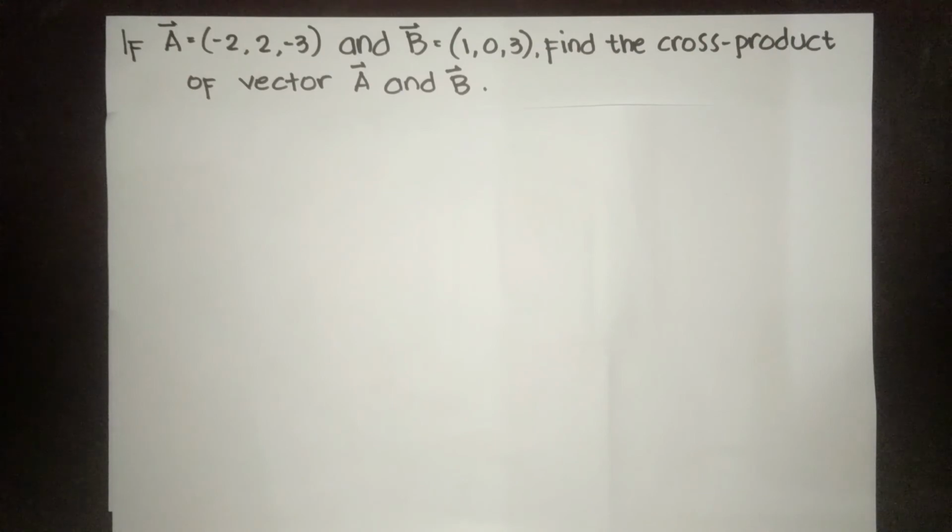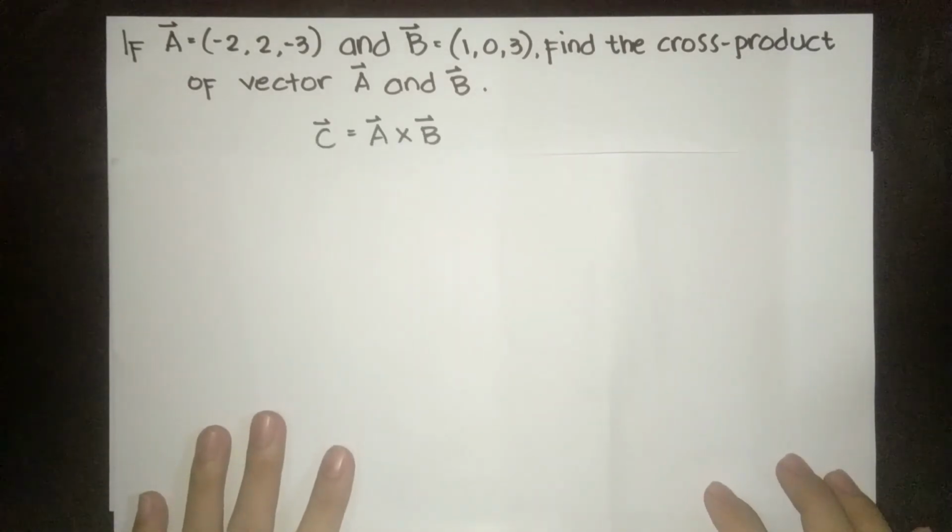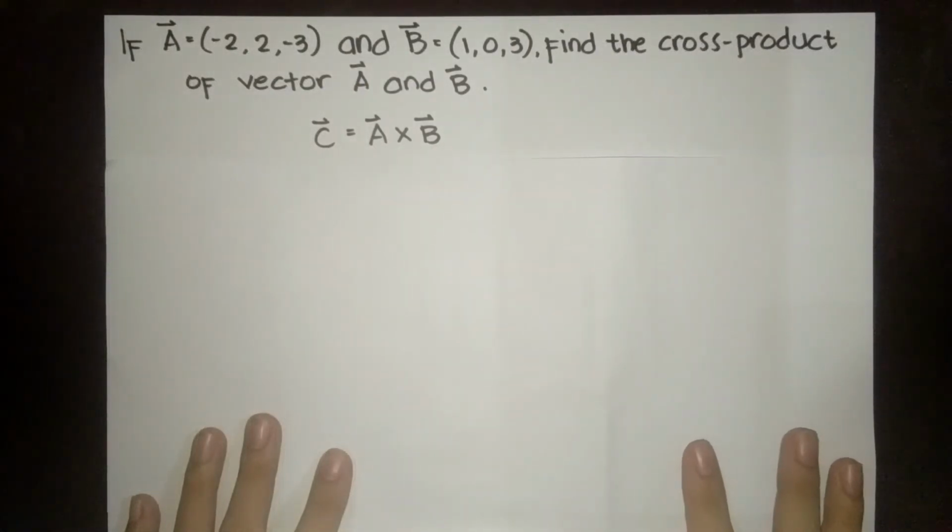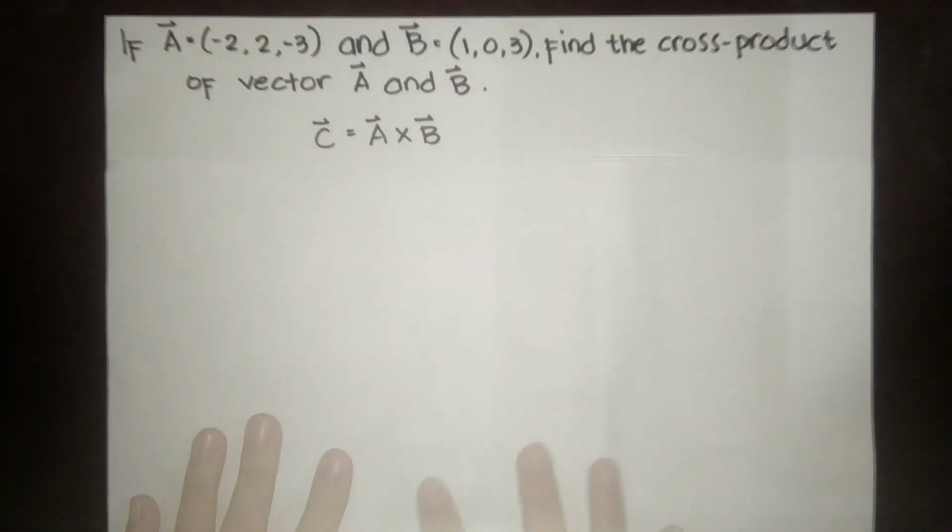For our next problem, if vector A is equal to negative 2, 2, and negative 3, and vector B is equal to 1, 0, and 3, find the cross product of vector A and vector B. So again, vector C is equal to vector A cross vector B. To find vector C, we must write it in matrix form so that it's easy for us to understand and solve the problem.